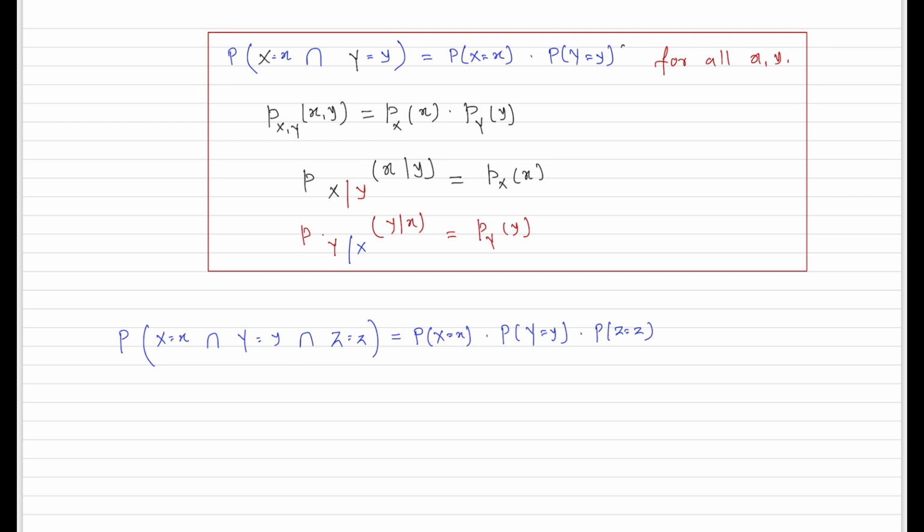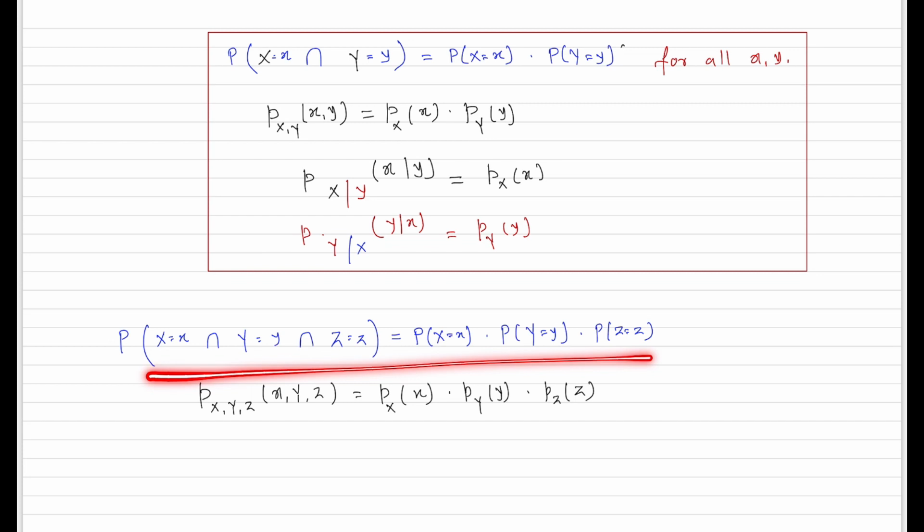Again, if I have to write this in PMF notation, since we are talking about these events happening simultaneously, the probability will be equal to the product of their individual marginal PMFs: the marginal PMF of x times the marginal PMF of y times the marginal PMF of random variable z.